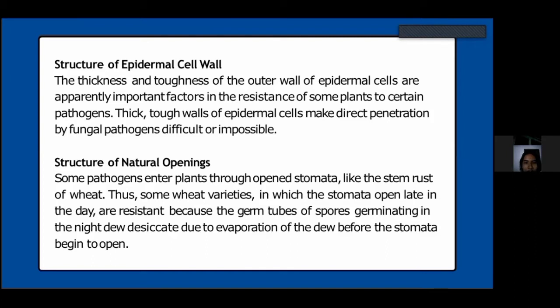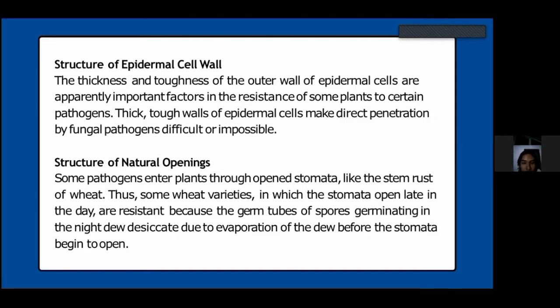Structure of epidermal cell wall. The thickness and toughness of the outer wall of epidermal cells are apparently important factors in the resistance of some plants to certain pathogens. Thick, tough walls of epidermal cells make direct penetration by fungal pathogens difficult or impossible. Structure of natural openings.